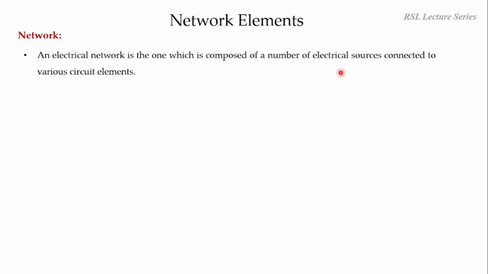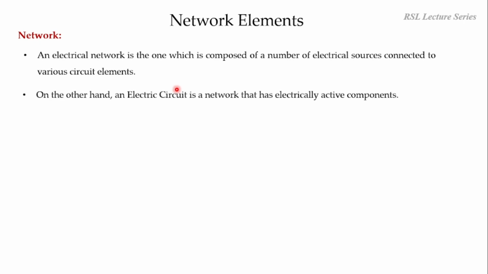These electrical sources are connected with various circuit elements, like a resistor, inductor, or a capacitor. On the other hand, an electric circuit is a network that has electrically active components. The energy sources are active components. Active components are nothing but the components which give energy to the circuit. Such components are defined as the active components.